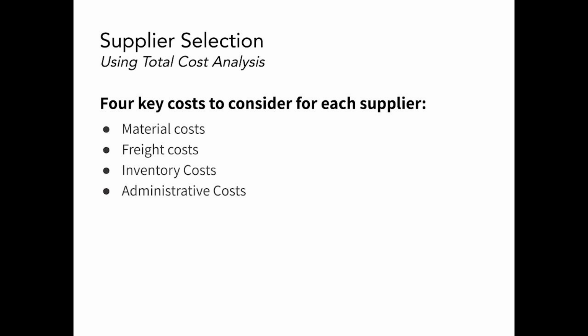This holistic approach ensures that decisions are not solely based on cost, but also reflect broader business values and sustainability considerations. The 4 quantitative factors to focus on initially are material cost, freight cost, inventory cost, and administrative cost.